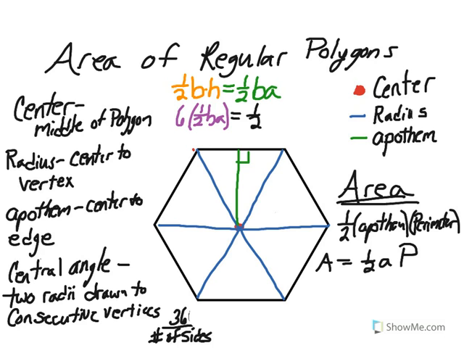Well, each base is a side of this regular polygon, so it really forms the perimeter. So what we really have is 1/2 the perimeter, because that's 6 times the base, times the apothem, also written as 1/2 AP. Please pause the video and copy this into your notes.